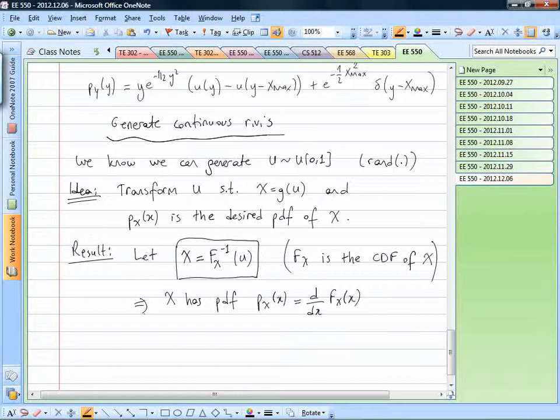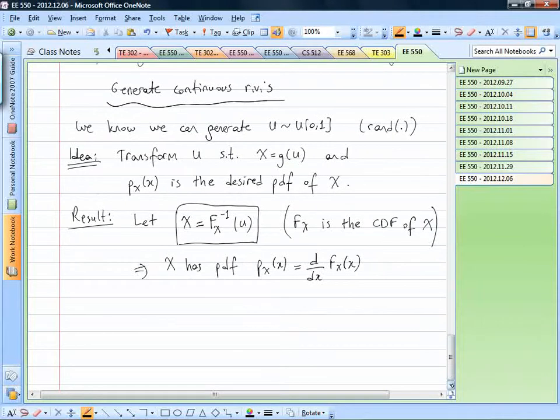You can ask where the proof is. I'm not going to give you an official proof, but intuitively you can understand it this way.